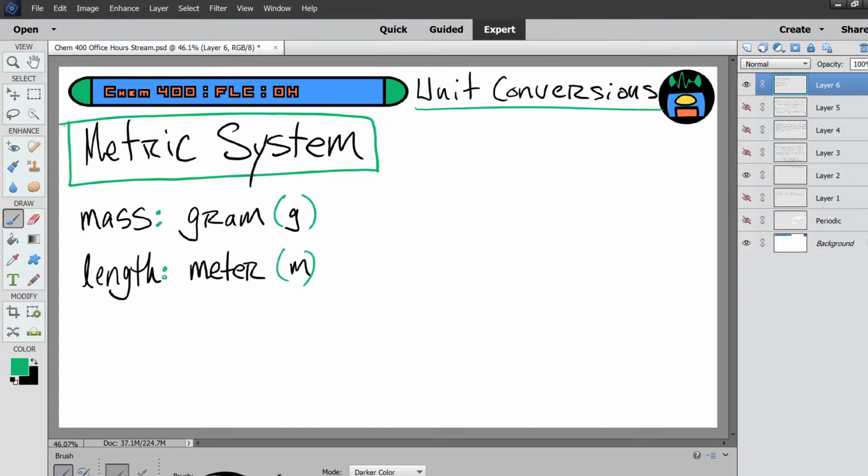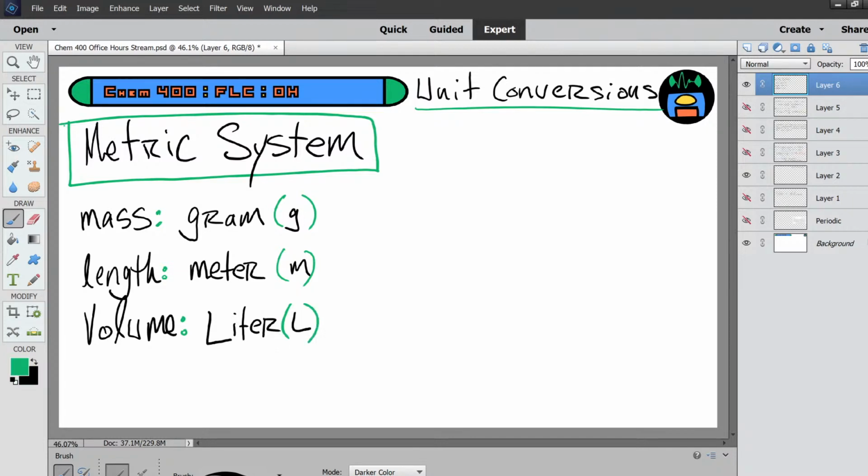It has a base unit of volume, called the liter, and this is abbreviated with a capital L.